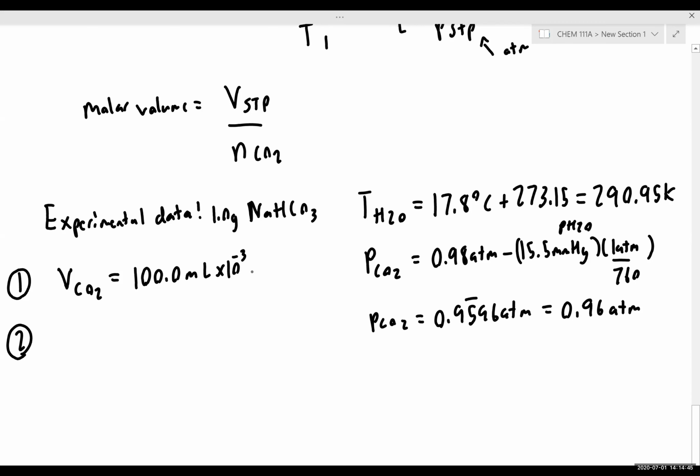We can convert that to liters really quickly, and that gives us 0.1000 liters. What was the volume of carbon dioxide in our second trial? 86.0 milliliters, which we can convert to liters.